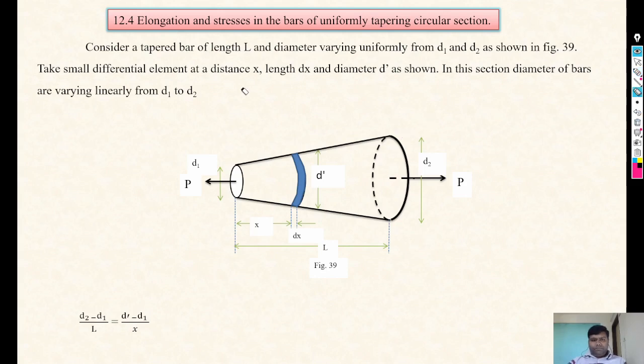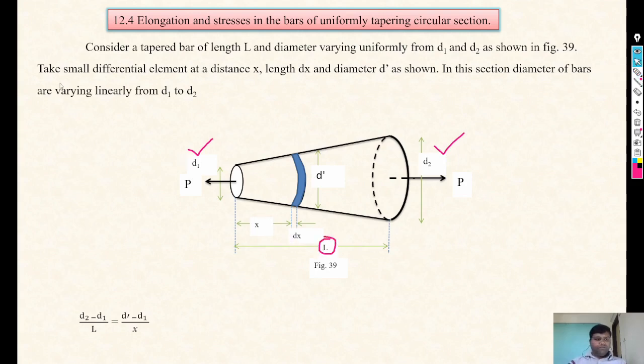Just consider a taper bar of length L. Initially we are considering one bar of total length L, and the diameter varies uniformly from D1 to D2, as shown in the diagram.